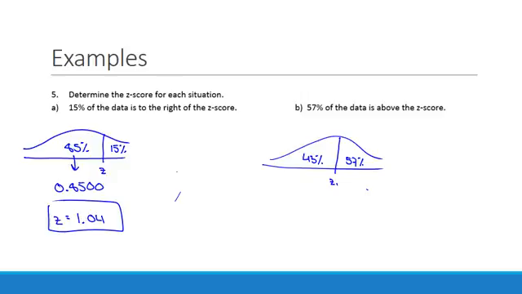So we always need that value to the left if we're going to use that z-score table to find our z-score. And again, you just scan your z-score table for something that's close to 0.4300, and it might not be exact because we only have so many decimal places on that z-score table, but the closest one you're going to find here is negative 0.18.